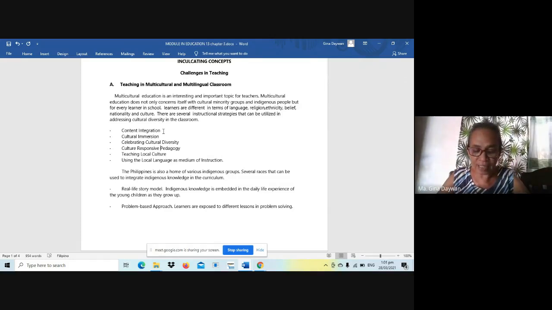Now, since the Philippines is home to various indigenous groups, the 1987 Philippine Constitution encouraged the state to provide an education that is relevant to their culture and indigenous practices. So we have here several approaches that can be used to integrate indigenous knowledge in the curriculum. Number one is the real life story model.